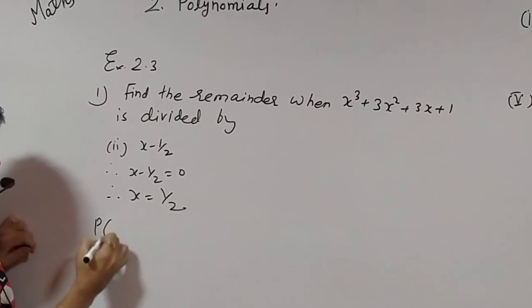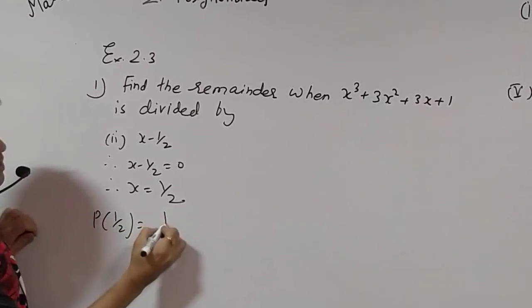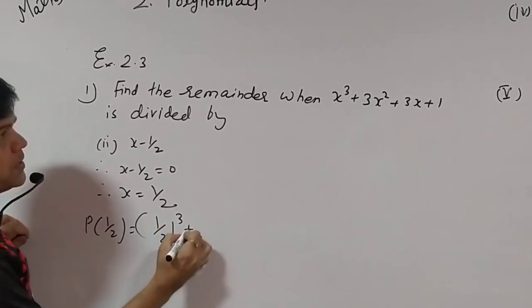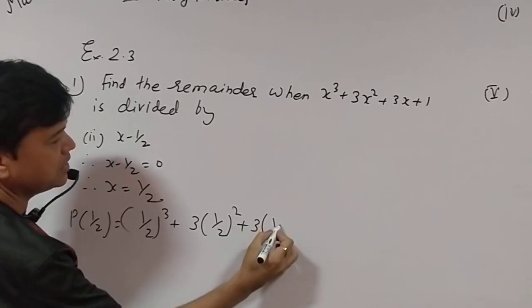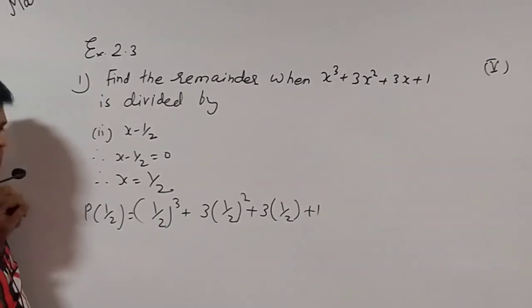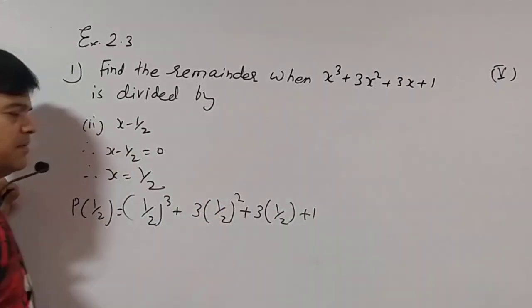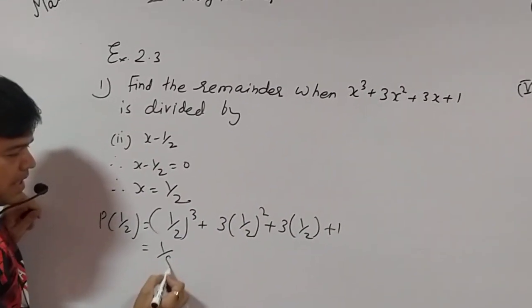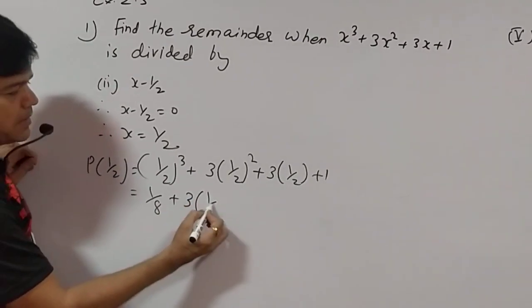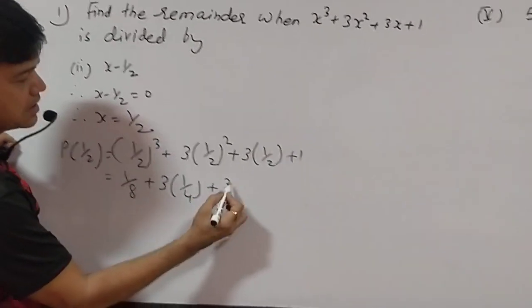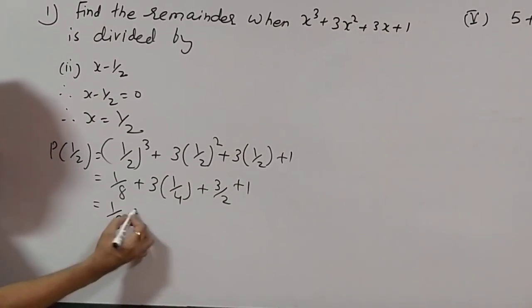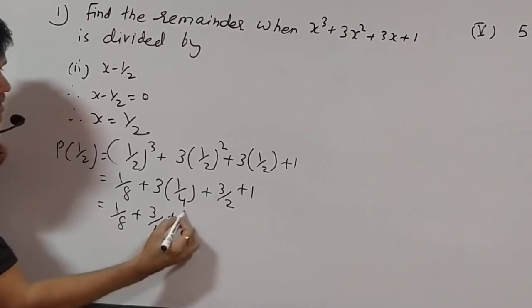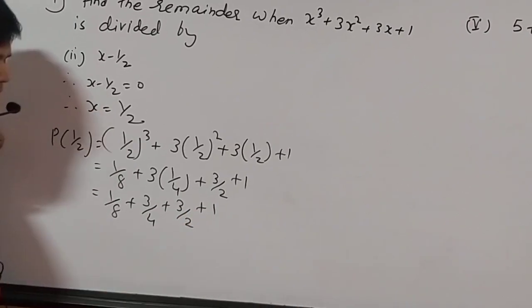Put the value: p of 1 by 2 is equal to (1 by 2) cube plus 3 into (1 by 2) square plus 3 into 1 by 2 plus 1. In place of x write 1 by 2. So it is 1 by 8 plus 3 by 4 plus 3 by 2 plus 1.